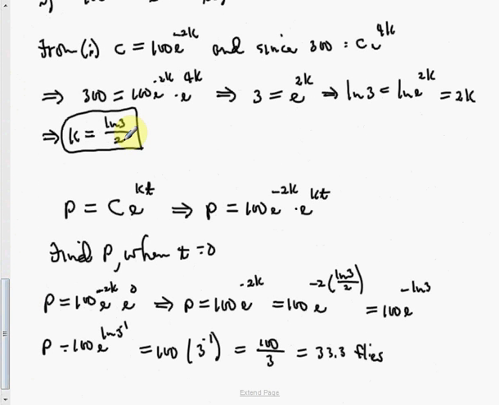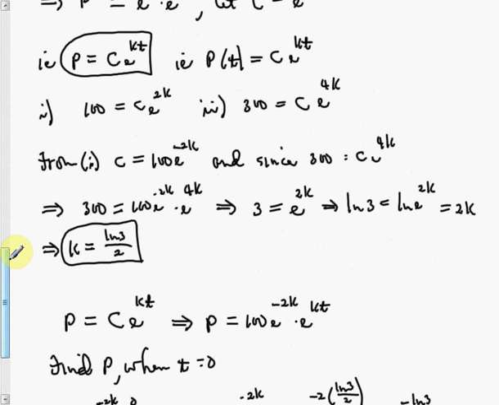This guy right here. Okay. It came from here, right? It came from the two substitutions of the initial conditions. 100 is equal to c times e to the 2k. 300 is equal to c times e to the 4k. In the first one, solve for c. C is equal to 100 times e to the negative 2k, right? And then from there, I'm going to take this value for c, plug it in right there.